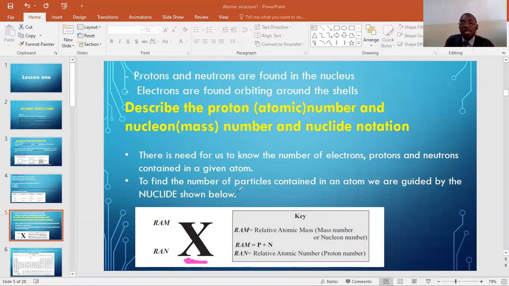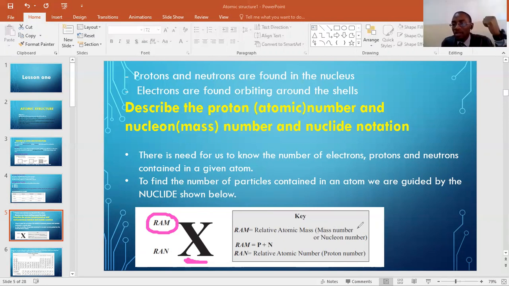So a nuclide comes with a key. We have a key on the right side of this symbol. On top of the key, we have what we call the RAM, using the acronym RAM. The RAM means the relative atomic mass. The same RAM can also be called the mass number.